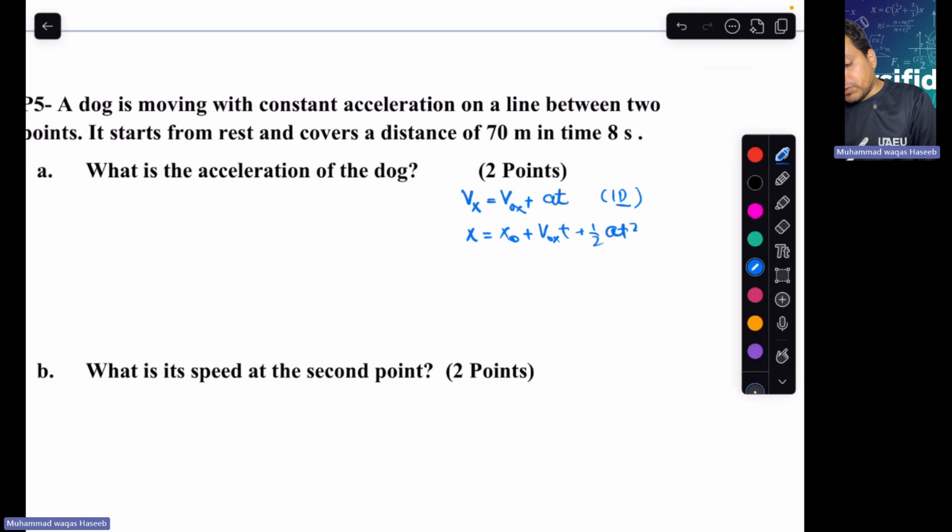And the third equation of motion is vx squared equals v naught of x squared plus 2a x. And the fourth equation is the distance x, which is the average velocity, vx plus v naught of x divided by 2, times time.